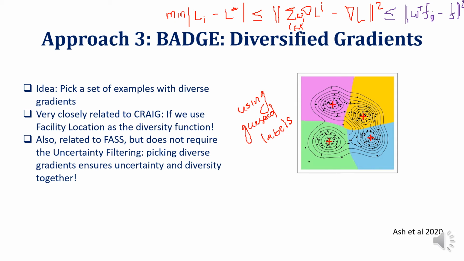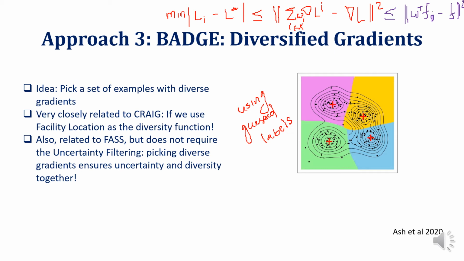Recall that Craig minimized an upper bound to the minimum value of the sequence of loss differences with respect to the optimal loss, and this upper bound was basically the normed difference of the weighted average of gradients computed on the subset selected with the difference with respect to the full gradient computed over the entire training or validation set.